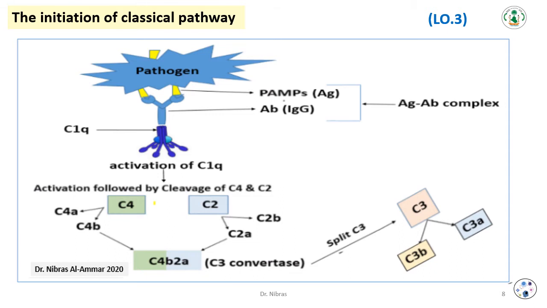Also, C2 will be activated and cleaved into C2b and C2a. C2a and C4b will be the C3 convertase. That means this complex C4b2b will activate C3, leading to splitting of C3 into C3a and C3b.